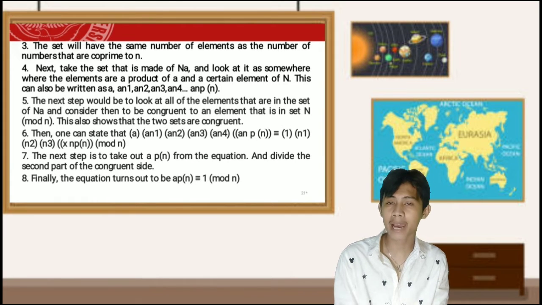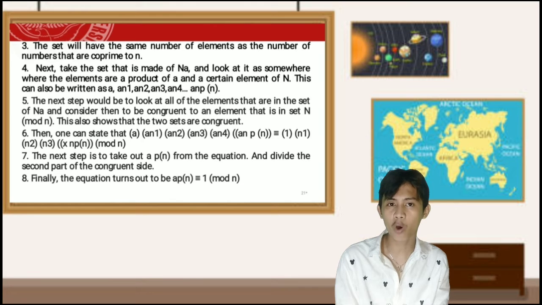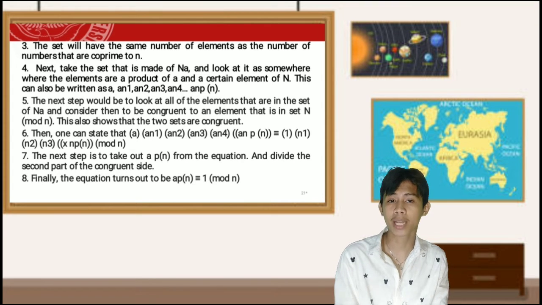Then the sixth step: one can state that a times an1 times an2 times an3 times an4 times, and so on, up to an_φ(n), is equal to 1 times n1 times n2 times n3 times, and so on, up to n_φ(n), mod n.